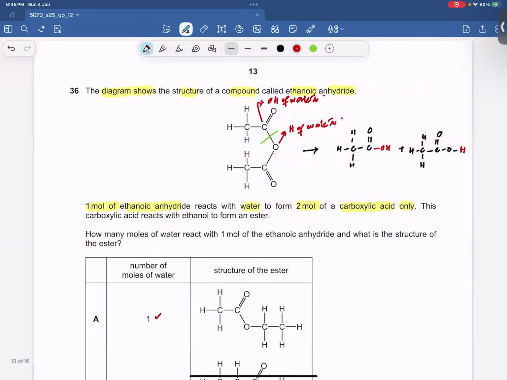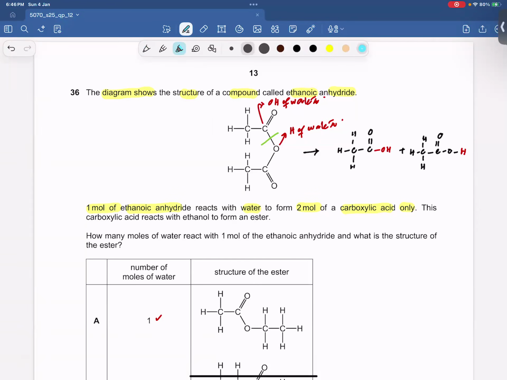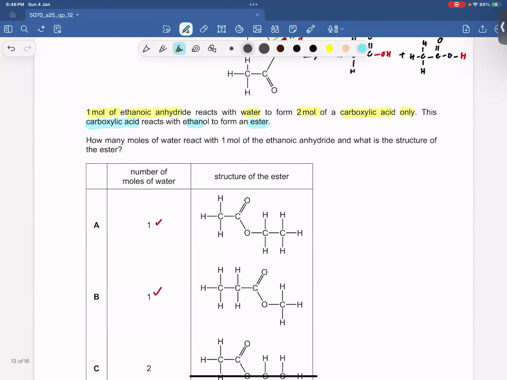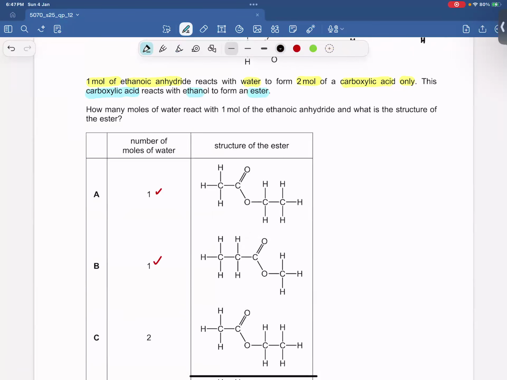Anyway, this carboxylic acid reacts with ethanol to form an ester. Now the carboxylic acid is ethanoic acid, and it is reacting with ethanol. Ethanol contains 2 carbon atoms and an OH group.